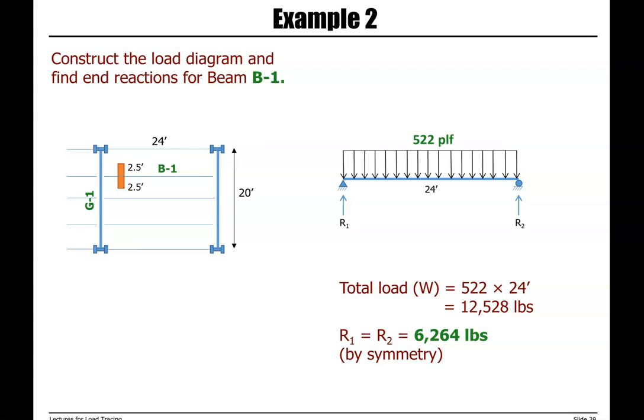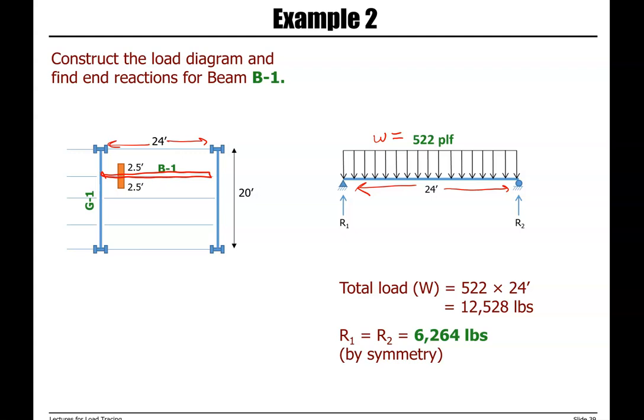So we are still looking at beam B1. Here is beam B1. The span length is 24 feet. And from the previous slide, we calculated the load on the beam is equal to 522 PLF.